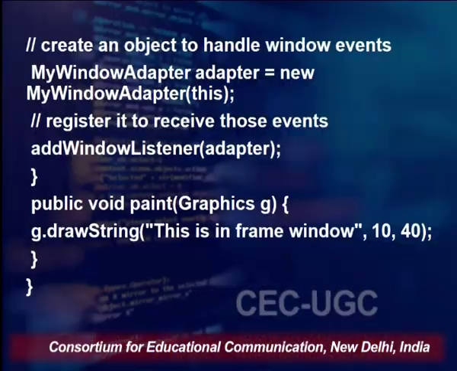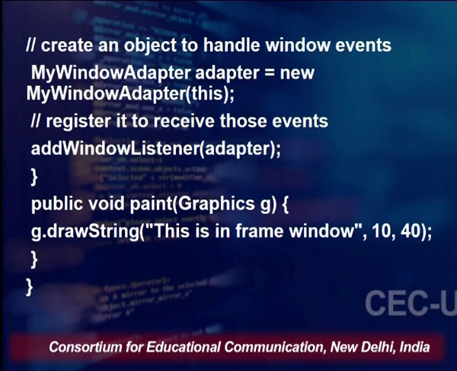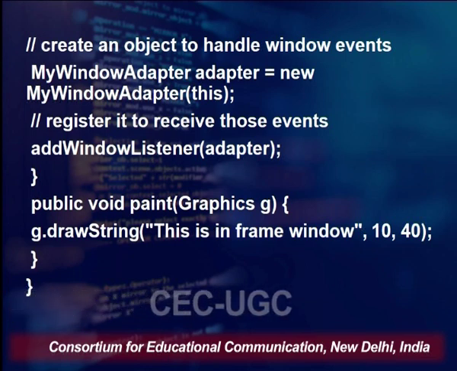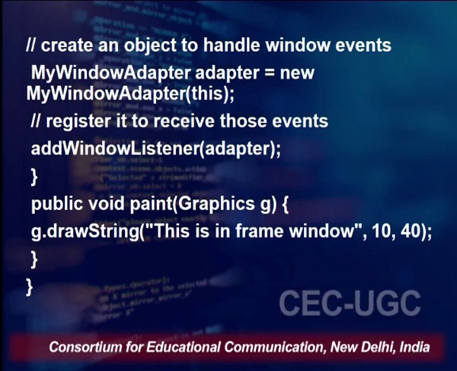Now, when you want to create an object to handle the window events, we need to create an object of the adapter class, and that adapter class is MyWindowAdapter. Let us say we create one particular object named adapter equals new MyWindowAdapter, and this pointer is passed in.